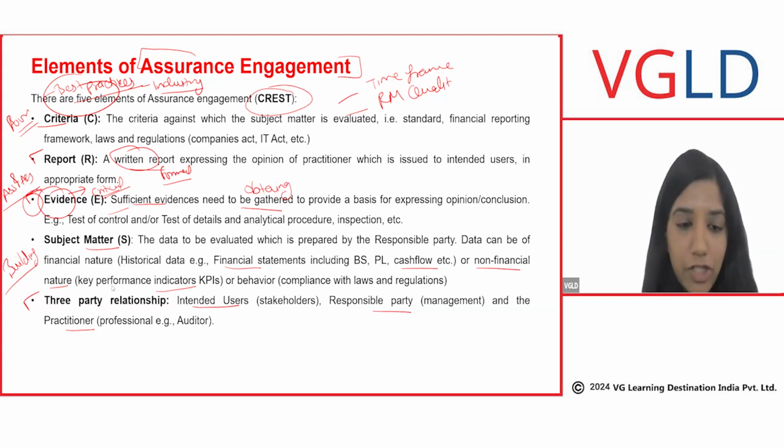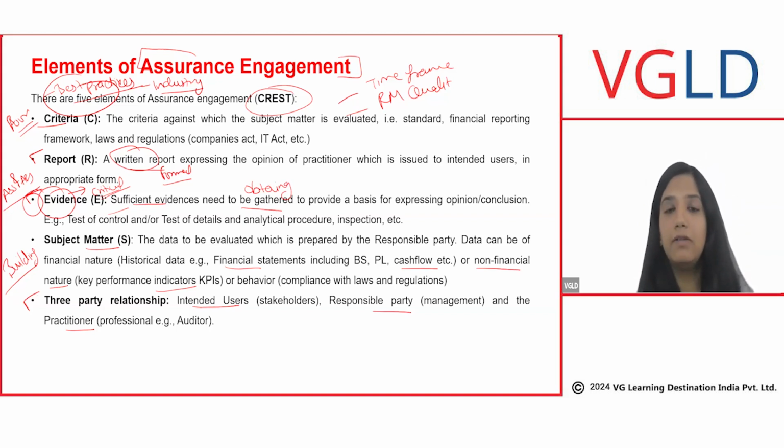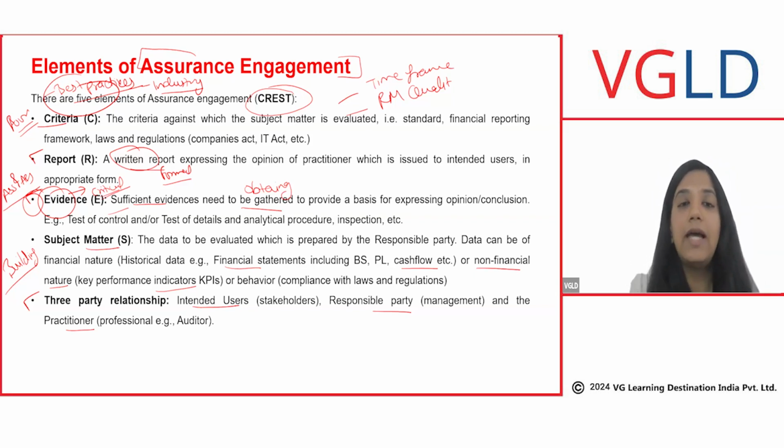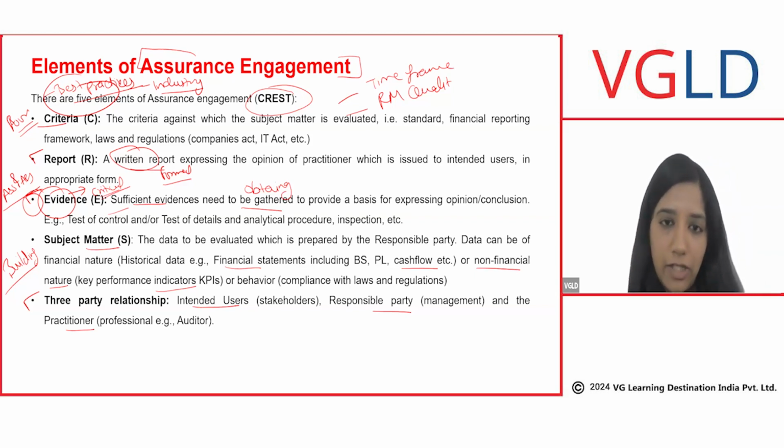Then data can be of financial nature, which is historical nature. When you are forming an opinion on the financial statements, you end up going into the history of the financial statements, because in India, it is April to March, right? So when March comes to close, you end up checking an entire 12 months cycle of financial statements.